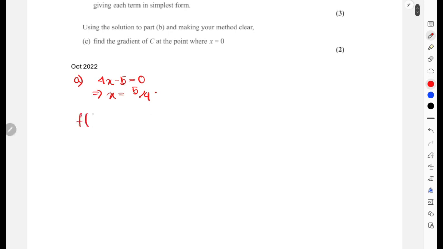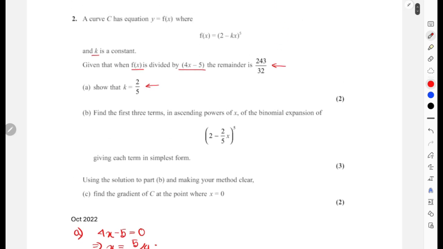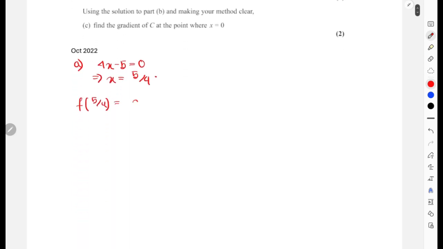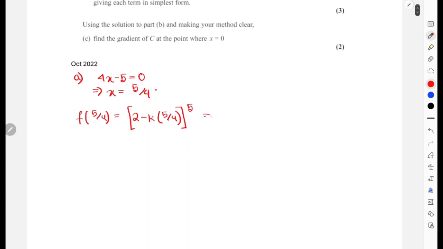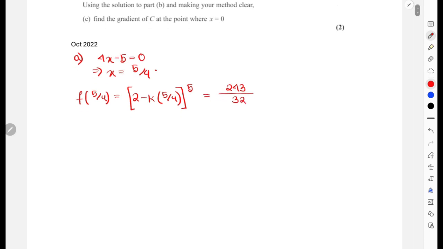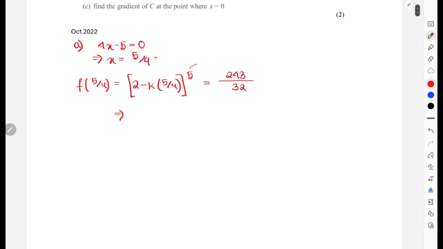So now you have f(5 over 4), which is 2 minus k times 5 over 4, the entire thing under a power of 5, and this equals 243 over 32. I can clearly understand from this point, I'll first have to take this power 5 to the right hand side.